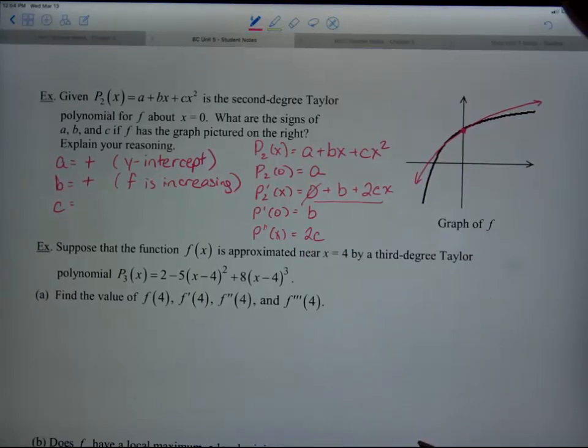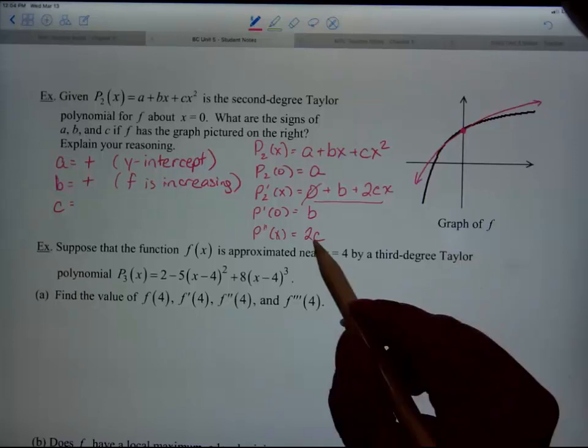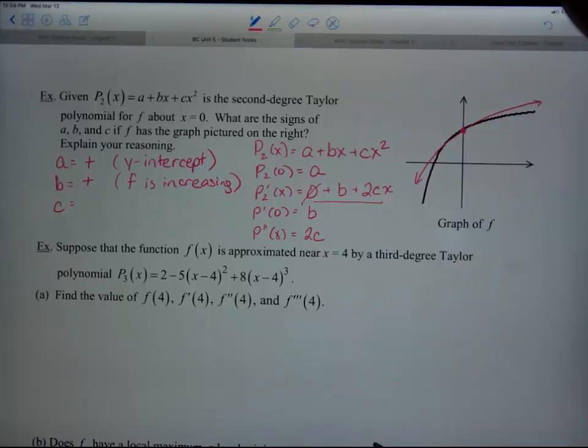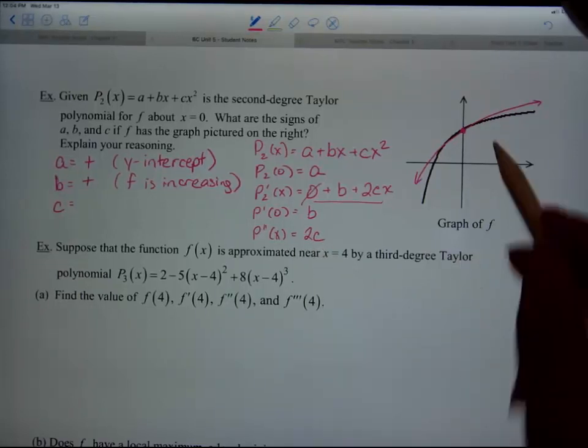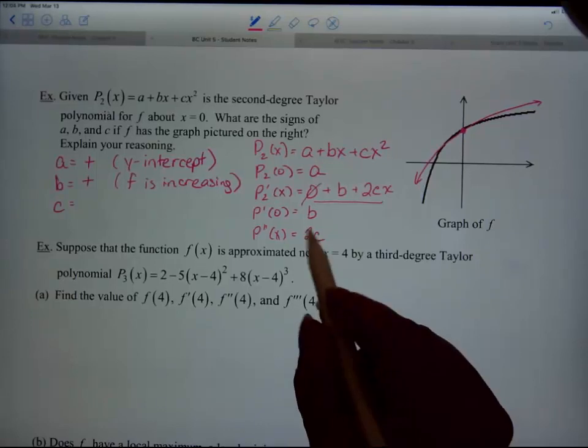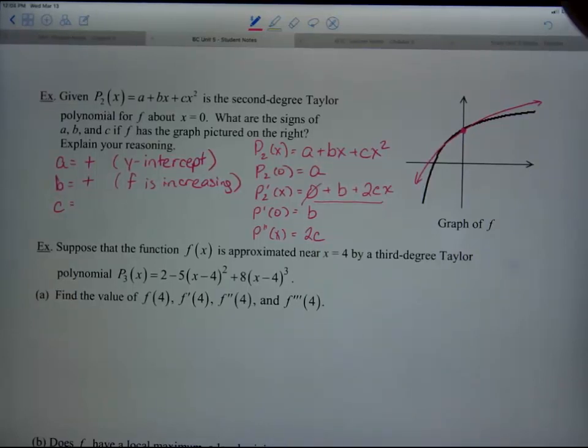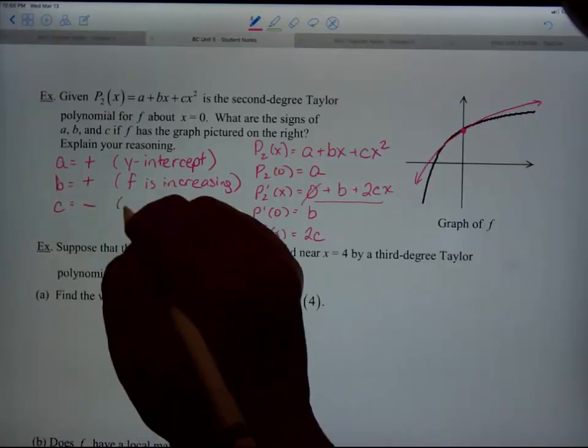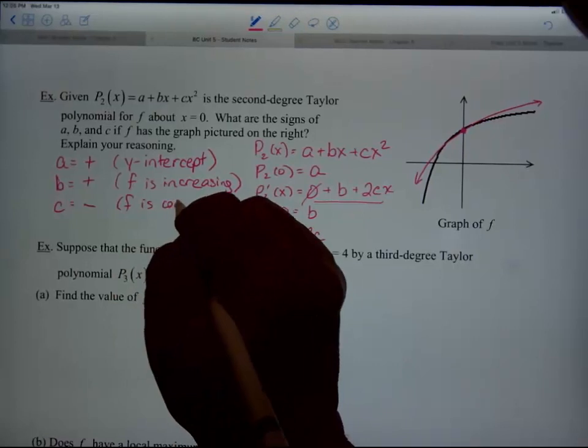I thought the derivative of a constant was 1. No, the derivative of just an x is 1. Okay? So, 2c. What does the double derivative tell us about a graph? It tells us concavity. What kind of concavity does this graph have? It's concave down. So what sign does c have to be? Negative. Because f is concave down.